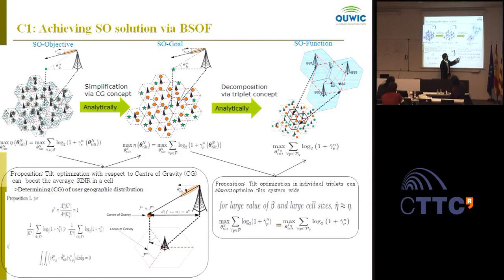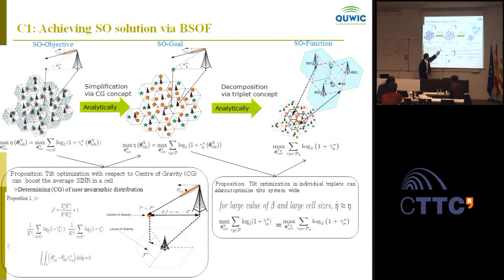So what you're going to do is assume that your system consists of a number of triplets instead of individual cells, and within each triplet, you're going to execute this tilt optimization. Mapping it back to our example, we were able to identify the objective.